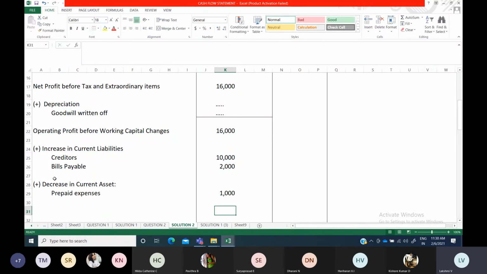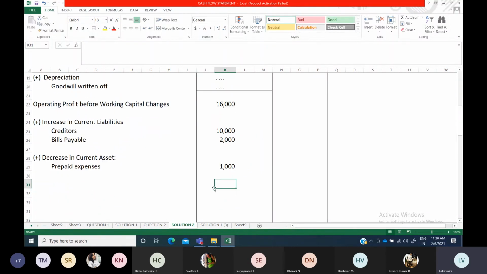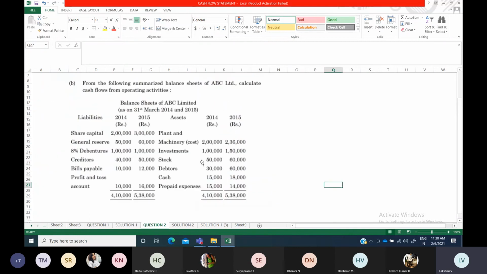That only we can show. And after this, nothing else is there, only the increase in current asset remains. So we need not mention anything here. So only that item has to be mentioned.